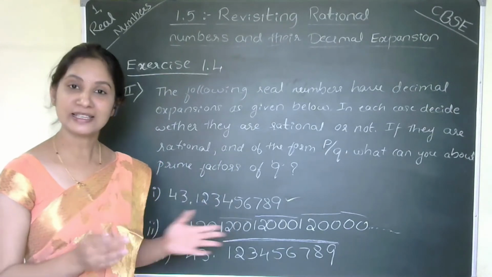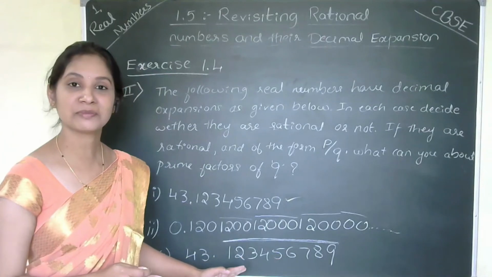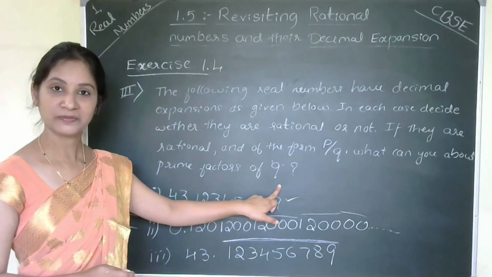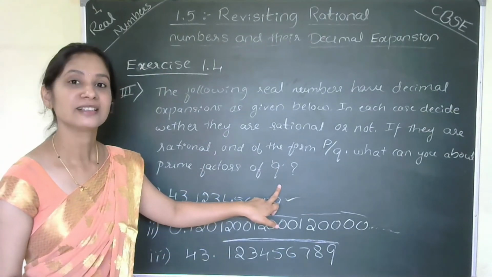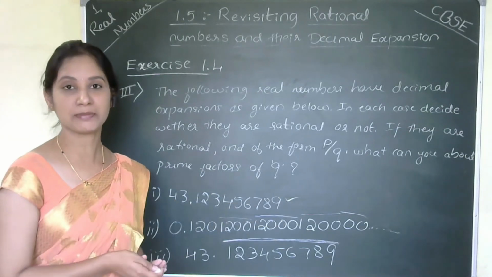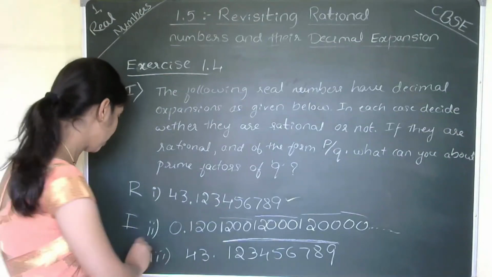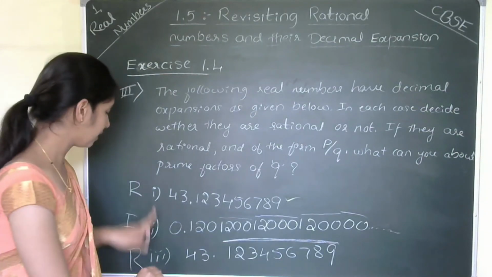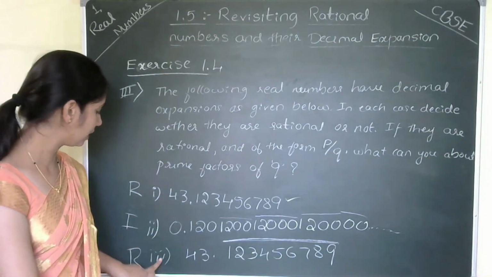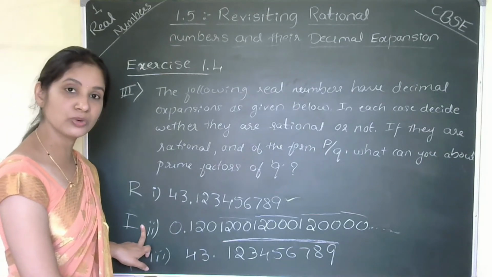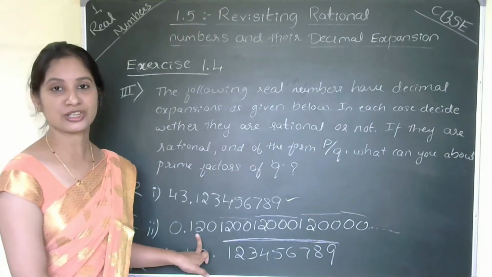So it is also a rational number. So what about q then? q will be in the form of 2 raised to m multiplied by 5 raised to n. I hope you have understood. The first and third are rational numbers, and the middle one, question number 2, is irrational.